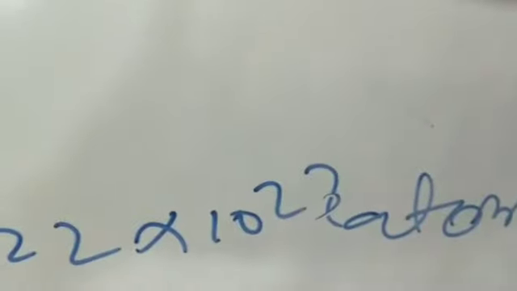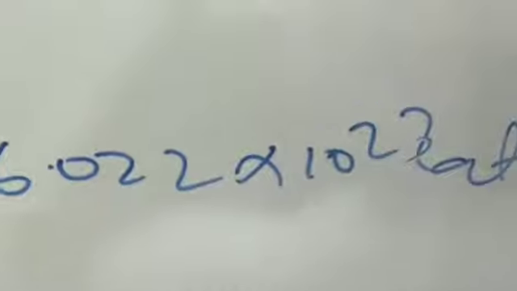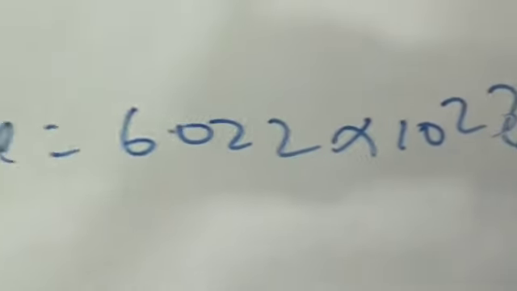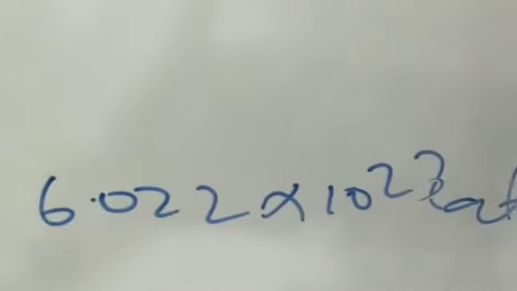So the number of sulfur atoms present in 1 mole of H2SO4 is equal to 6.022 into 10 to the power 23 atoms, because it contains only 1 mole of sulfur. That is equal to Avogadro number, and Avogadro number value is 6.022 into 10 to the power 23 atoms.